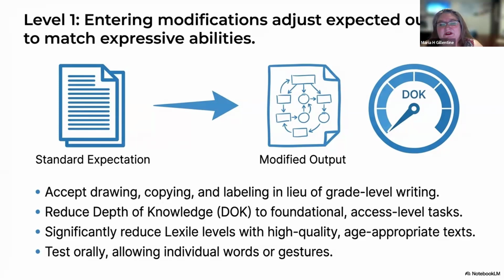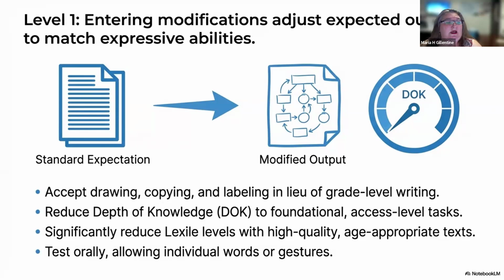Because receptive language skills typically develop faster than expressive skills, support should allow students to demonstrate content understanding in ways that align with their current language abilities. So some examples of this include accepting drawings or labeling and copying instead of extended writing. So that's modifying the task, modifying the assignment, right?